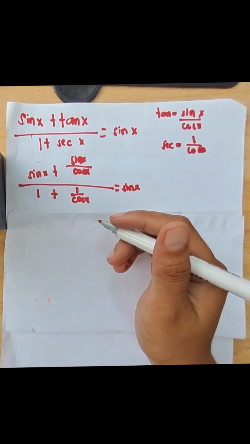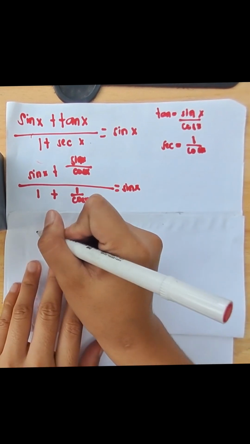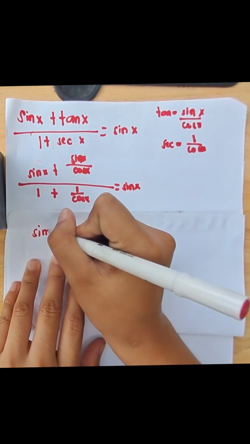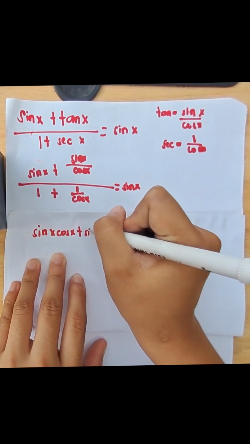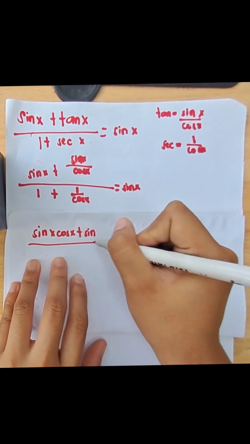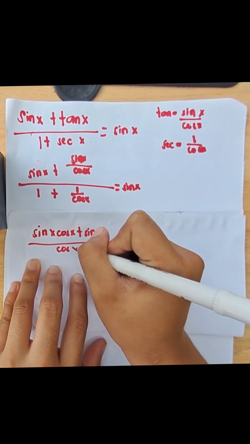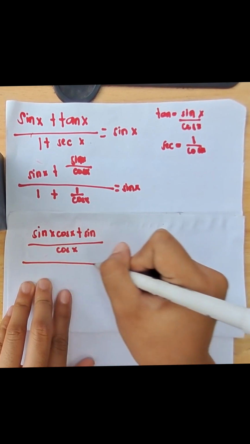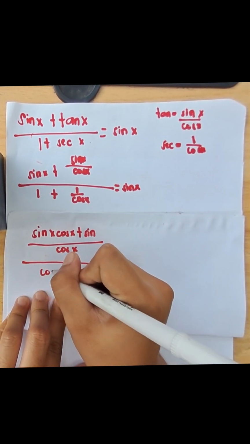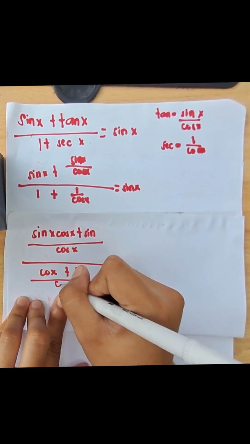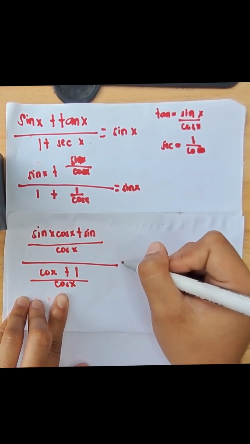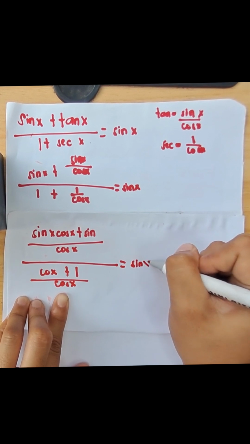So we have here sine x cosine x plus sine x over cosine x. Then we have here a cosine x plus 1 over cosine x equals sine x.